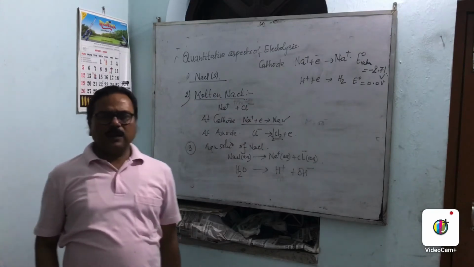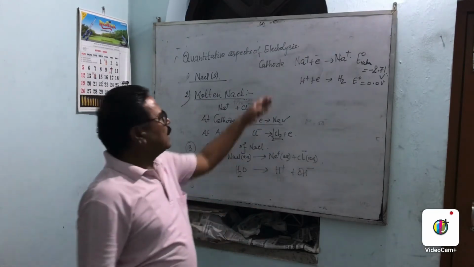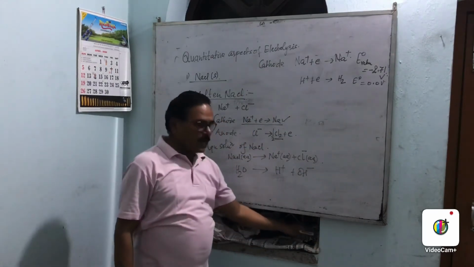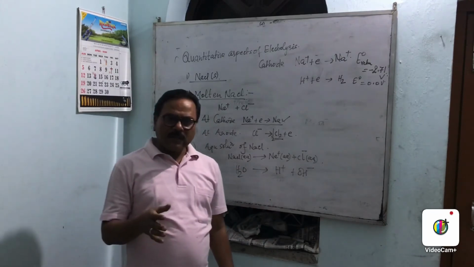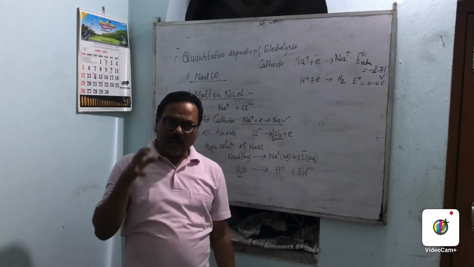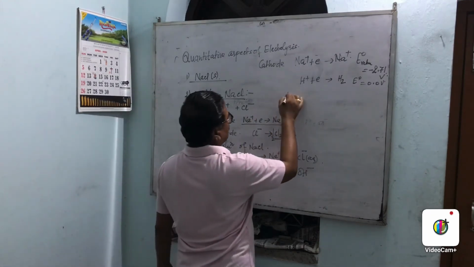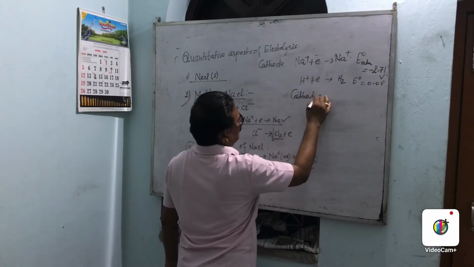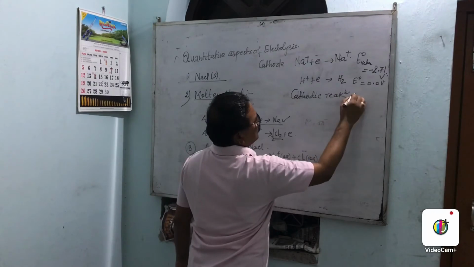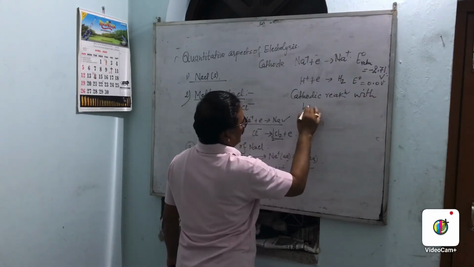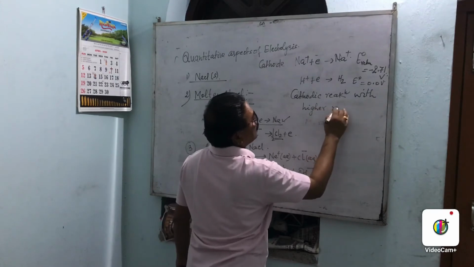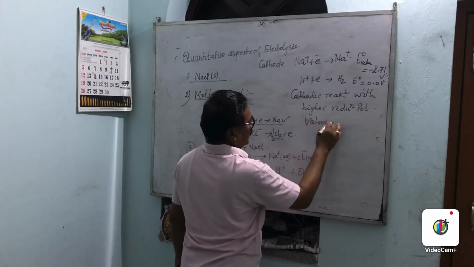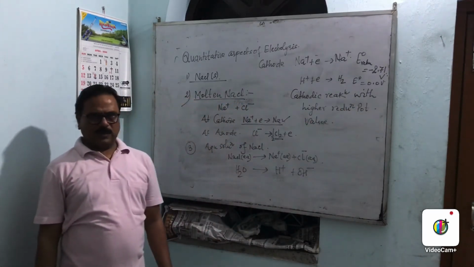So this is the conclusion to decide the product. If there is a competition between reactions taking place at the cathode, then the cathodic reaction with the higher reduction potential value takes place. You see these two values.